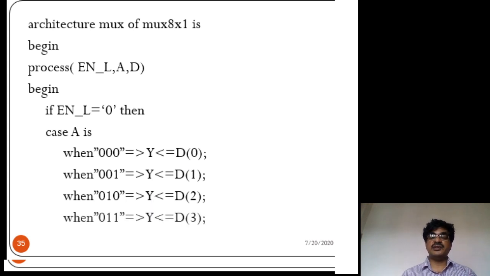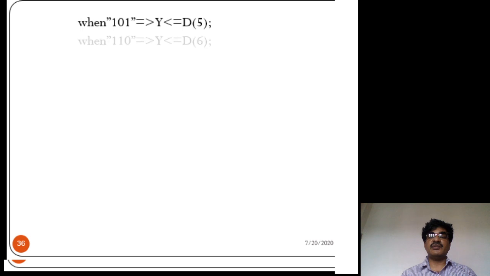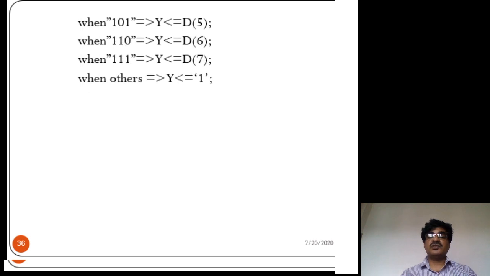Okay, in the true output you can write the program like this. Okay, so when others means if the value is not like these binary values, if it is any other one, in that case the Y value is 1. Okay, it's not 1, actually 0.